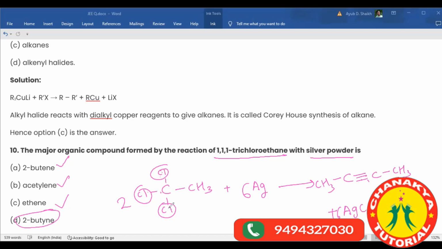Like that 3 chlorines have been released, that time 3 bonds would be formed between these two molecules. Okay, and you will get your butyne. Clear? So this would be what? Butyne. Which butyne? 2-butyne, because at the second carbon there would be the carbon-carbon triple bond. The answer is 2-butyne. Clear?